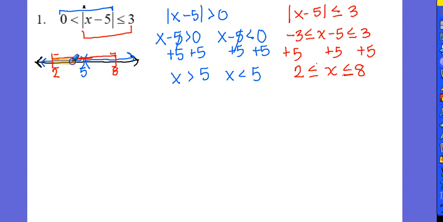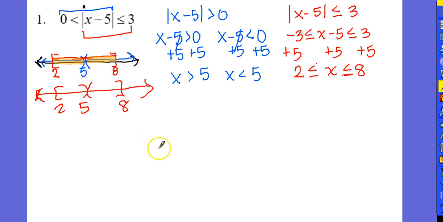So I would use something like maybe a highlighter, or I would erase the stuff on the outsides where they don't overlap, something to indicate that the solution should be just between 2 and 5 and 5 and 8. Okay?